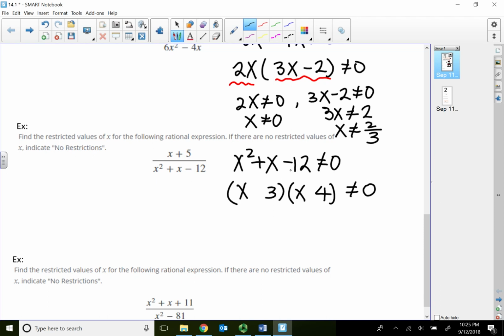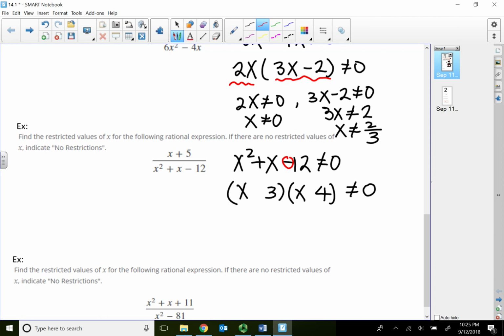Since my outer is 4 and inner is 3, 4 and 3 combined will give me a 1 if I subtract. Since the last sign is negative, my choice for the signs is 1 positive, 1 negative.